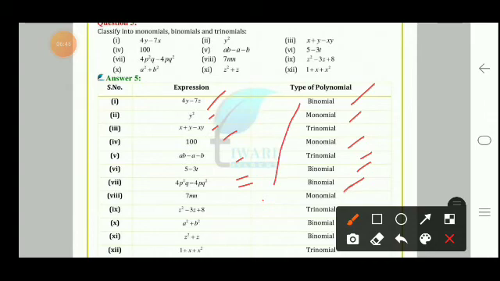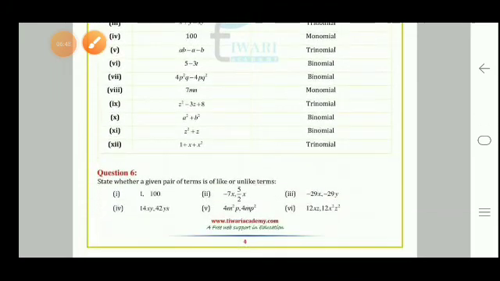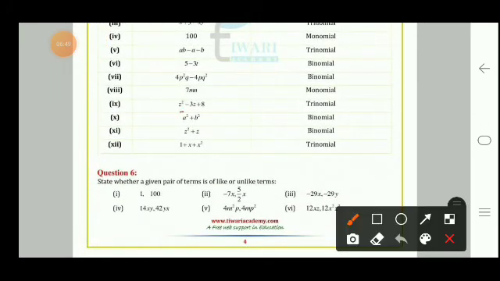And then next, z minus 3z plus a, three terms, trinomial. a square b square, binomial. z square plus z, binomial. 1 plus x plus x square, trinomial. Now question number 6: state whether the given pair of terms is of like or unlike terms.